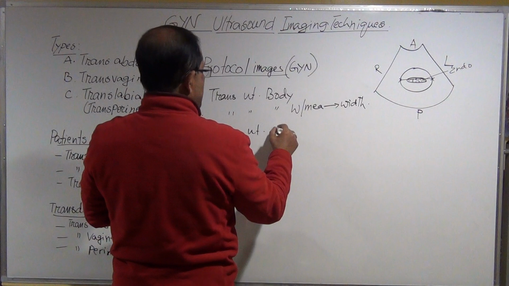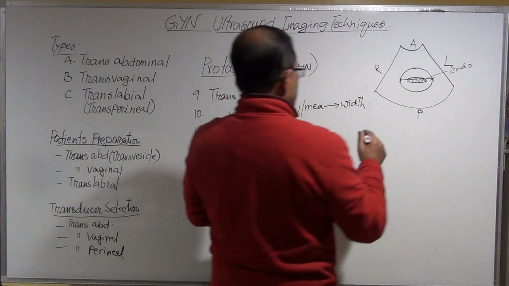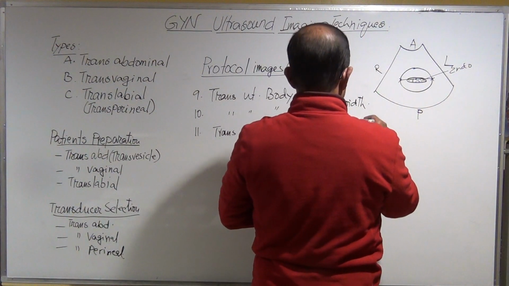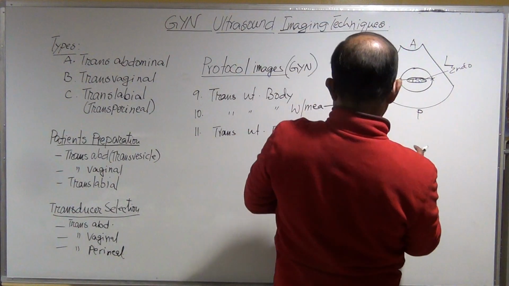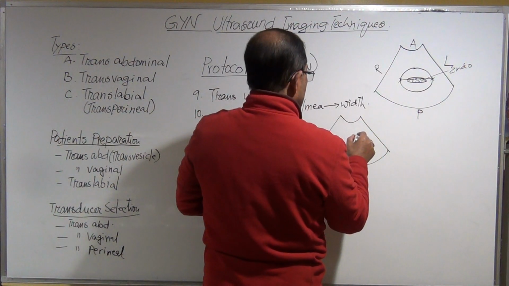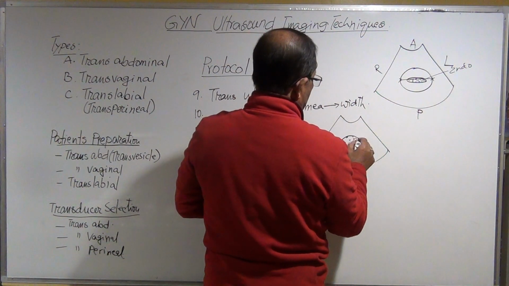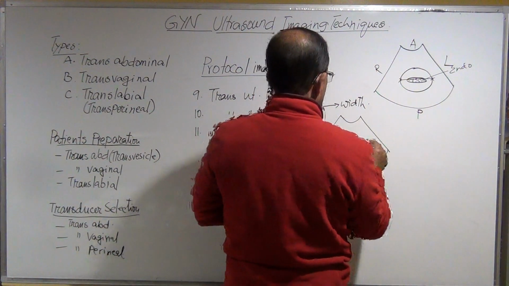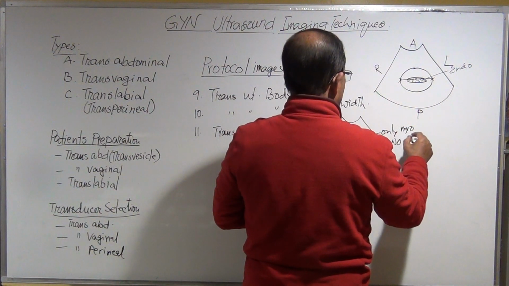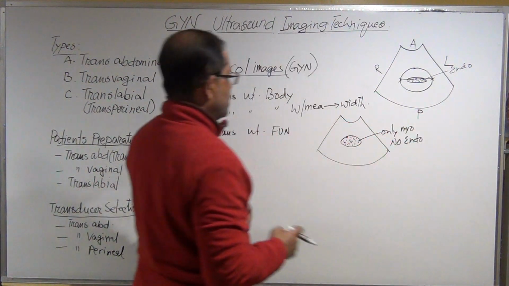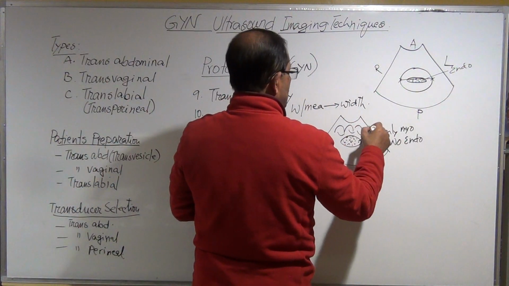Transverse uterus fundus. So in this view you will get only the myometrium, only myo, no endo, and a lot of bowel comes, as you know.